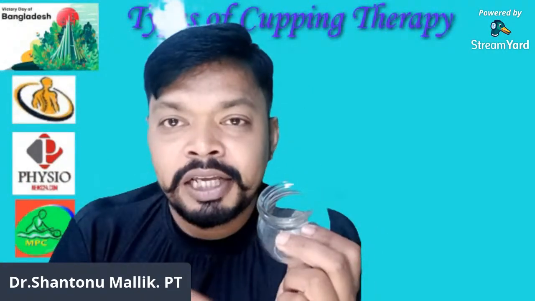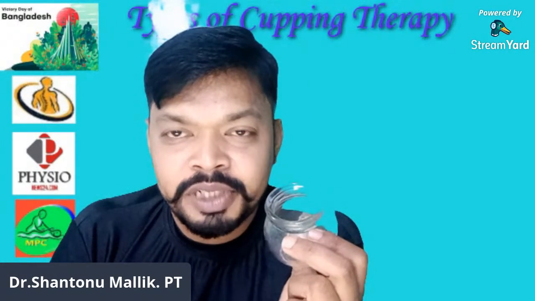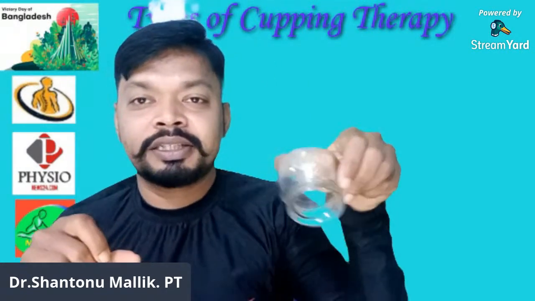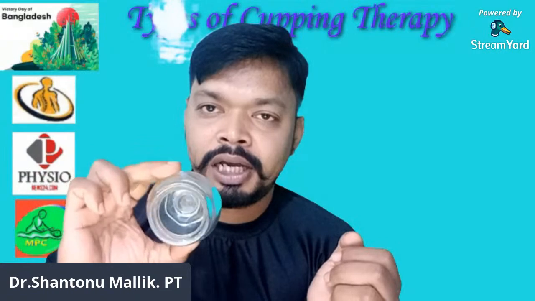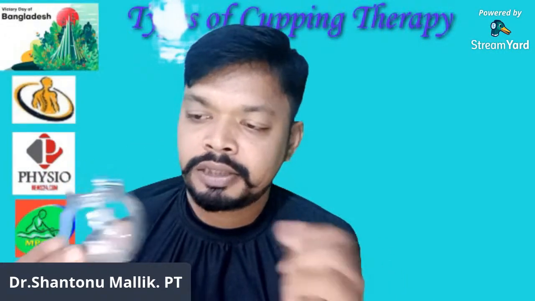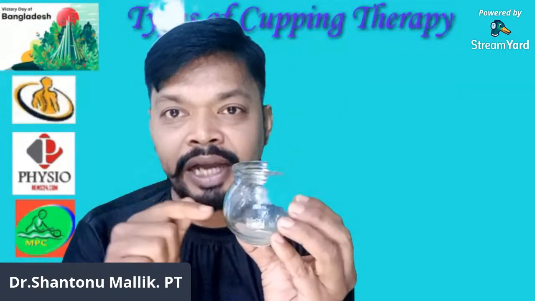So first of all, I have mentioned the types of cup set. Here you can see this is the glass cup set. We are used to this type of cup set, and you can see inside.